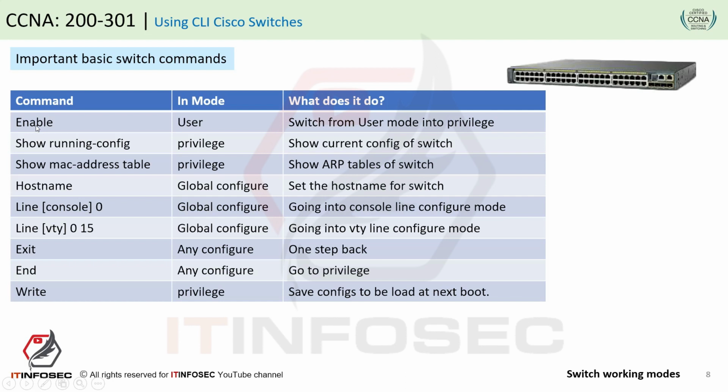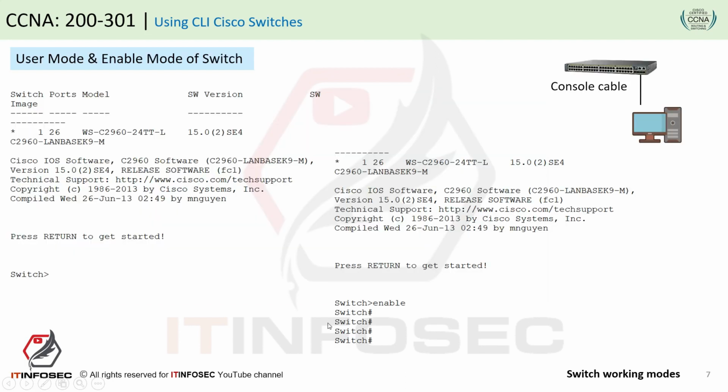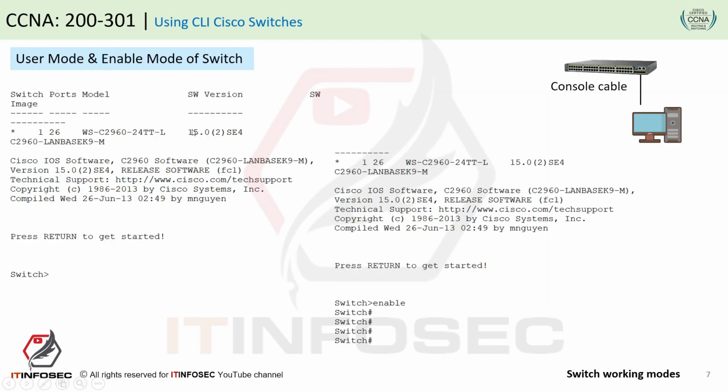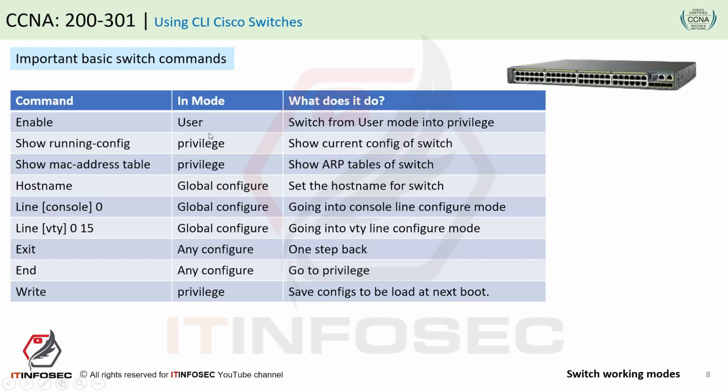The command enable that we saw here is used in user mode, because we were in user mode. When we are in user mode, use the enable command, hit enter, and enter enable mode. This is the enable command, and it switches from user mode into privilege or enable mode.